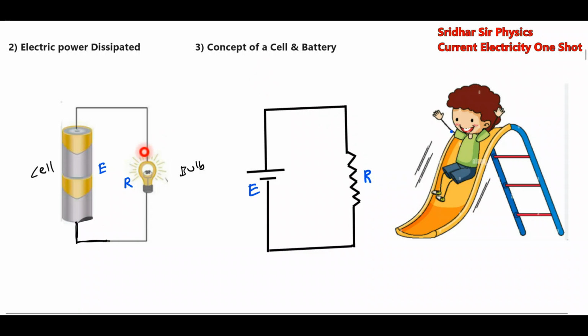Okay, now if you look at this, there's a cell. What it does is supply energy. It converts chemical energy into electrical energy, and the current will flow, the charge will flow like this.